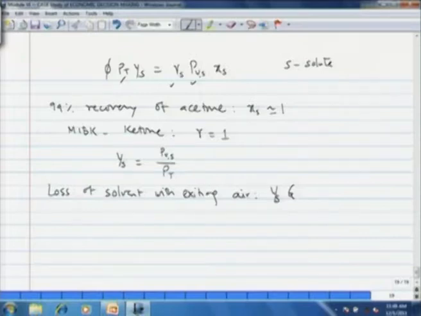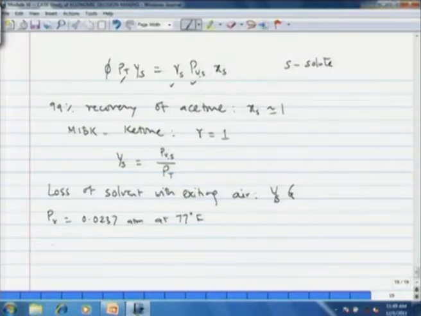And now, in the present situation, let us say we talk of using MIBK. Now, MIBK has a vapor pressure of 0.0237 atmosphere at 77 degrees Fahrenheit. We are talking of operation at atmospheric pressure.